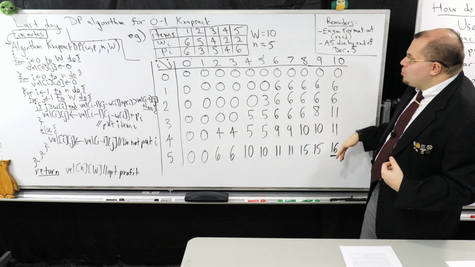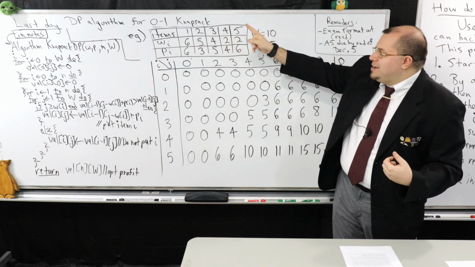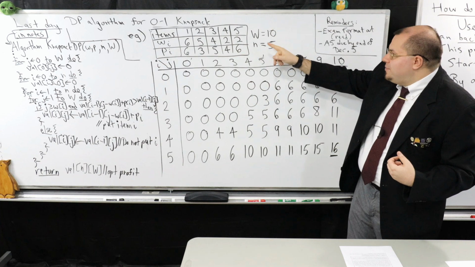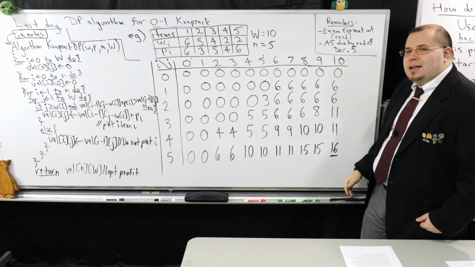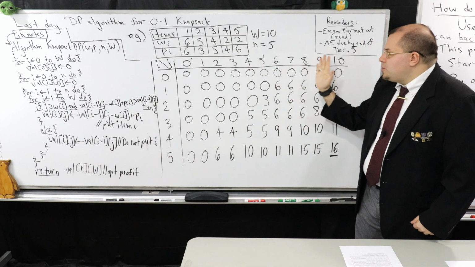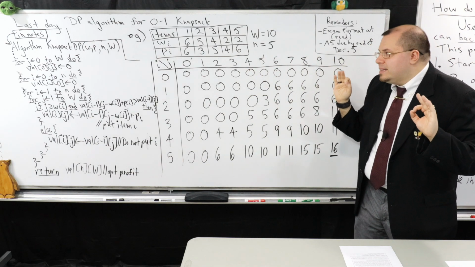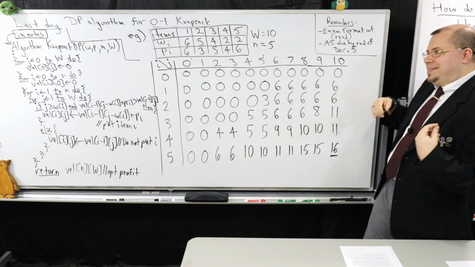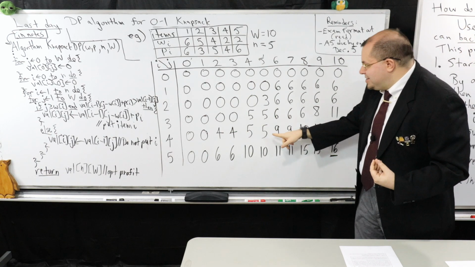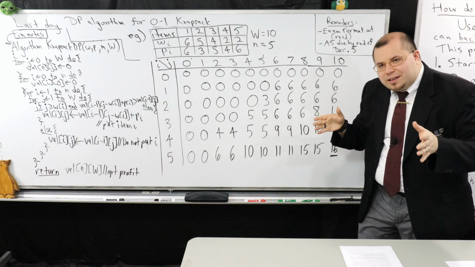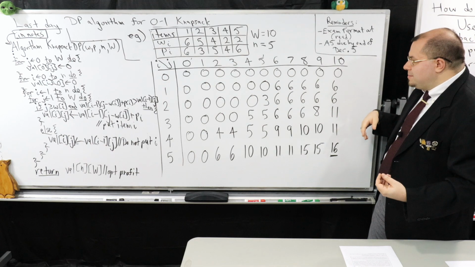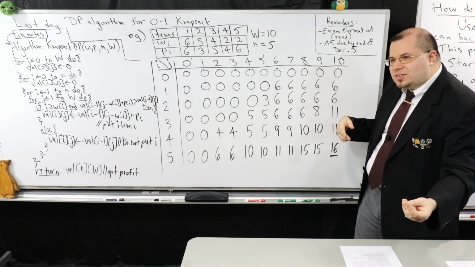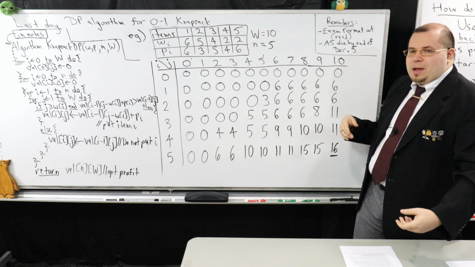But in our table, we're going to consider the items as we include 1, then 2, then 3, then 4, then 5. And the columns are going to represent a knapsack capacity limit. Any one of these spots will tell you the optimal profit for a knapsack that includes that many items with that knapsack capacity.